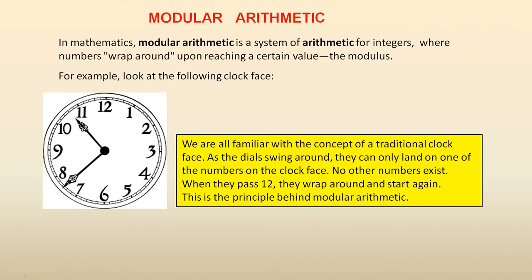We are all familiar with the concept of a traditional clock face. As the dials swing around, they can only land on one of the numbers on the clock face. No other numbers exist. When they pass 12, they wrap around and start again. This is the principle behind modular arithmetic.